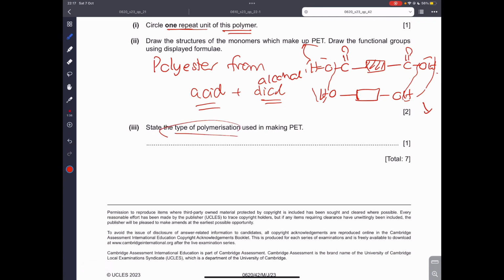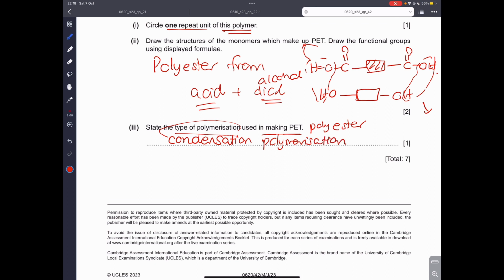State the type of polymerization used in making PET. PET is a polyester, right? So this polyester is going to form a waste product, which is water. If they form another small molecule that is being eliminated, we call this condensation polymerization.